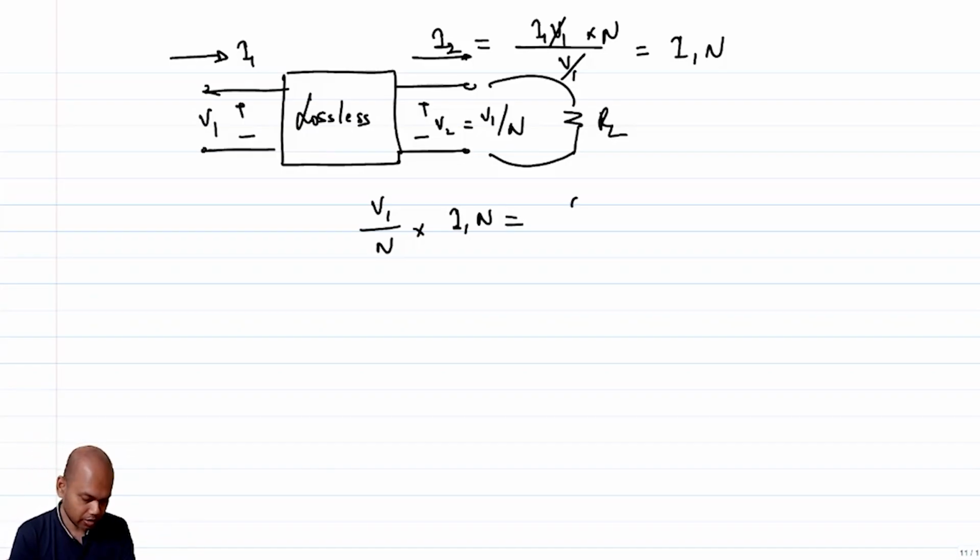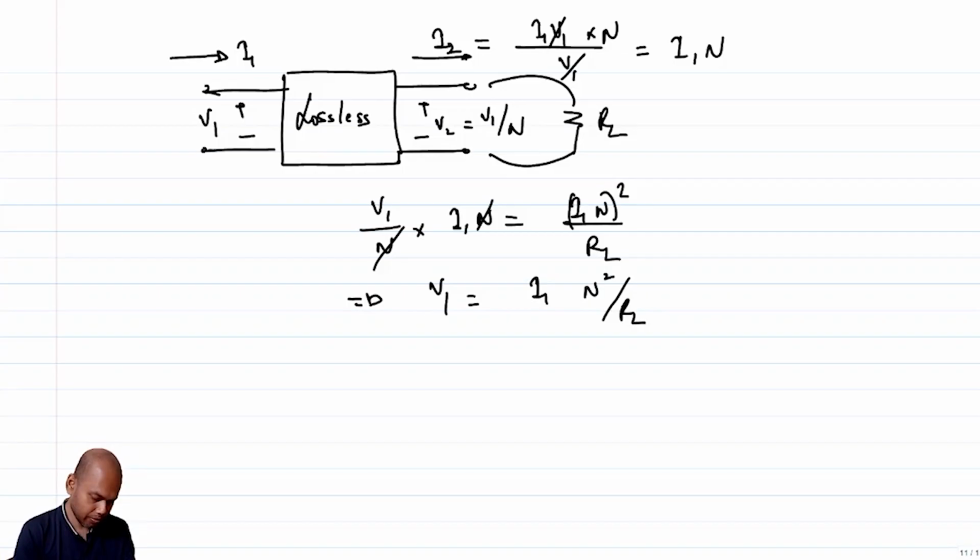So this is I1 times N whole squared times RL square over RL. Sorry, this is times RL square over RL.